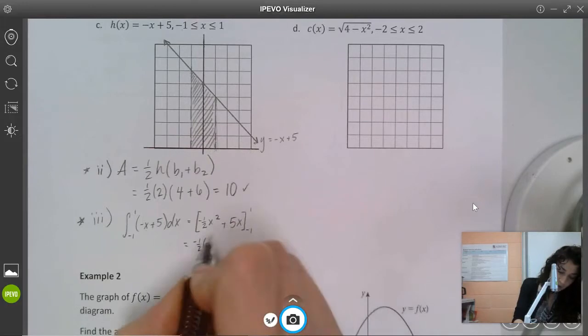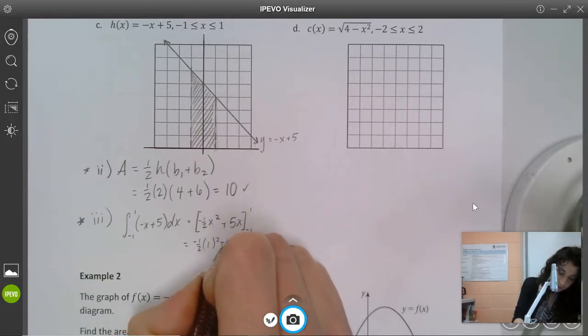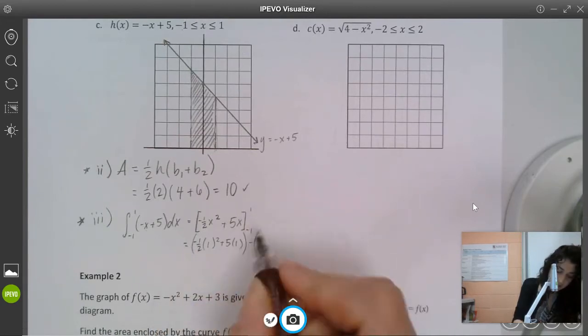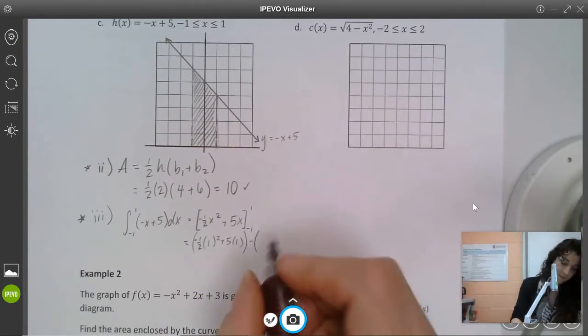I'm going to plug in 1 first, and then I'm going to subtract plugging in negative 1.